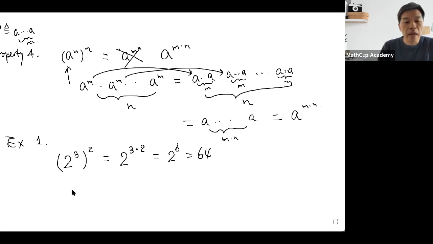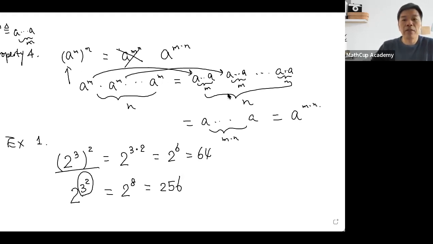On the other hand, if 2 to the power 3 raised to the power 2, then by the order of operators, one can do this power first, which is 2 to the power 9, equal to 512, which is much bigger than this number, right? So just be careful. When you have raised to the power and then raised to another power, the exponents just multiply together by this property.